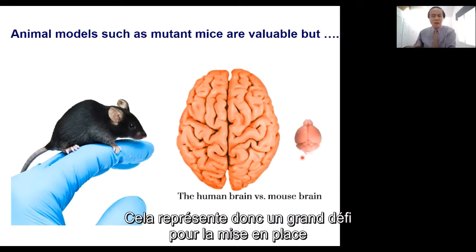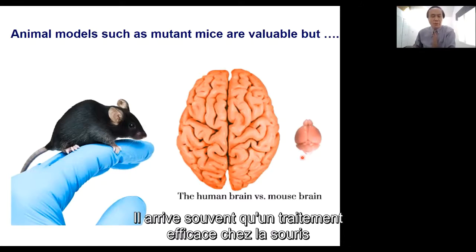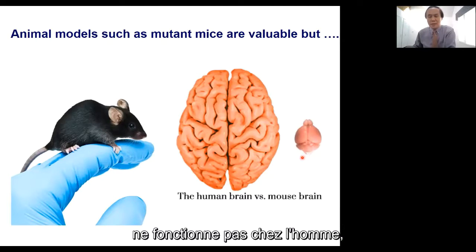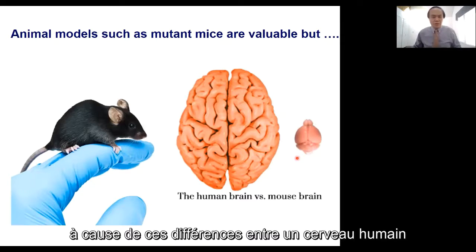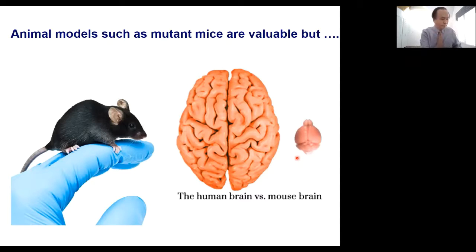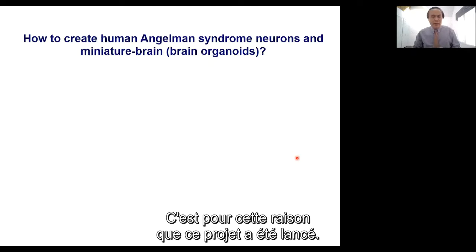So a lot of the challenge in developing treatments is that a treatment successful in mice is not necessarily translated to humans, because of the difference between the human brain and the mouse brain. That's basically the rationale behind this project.